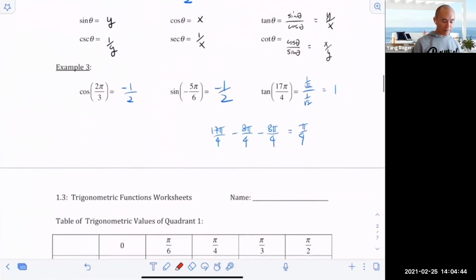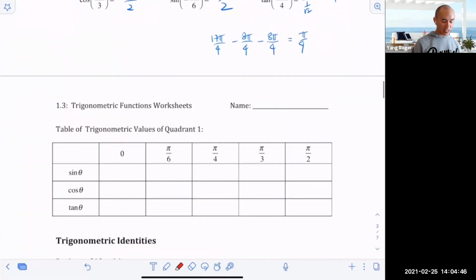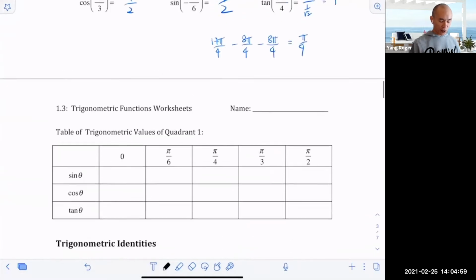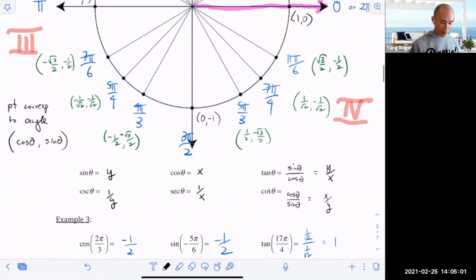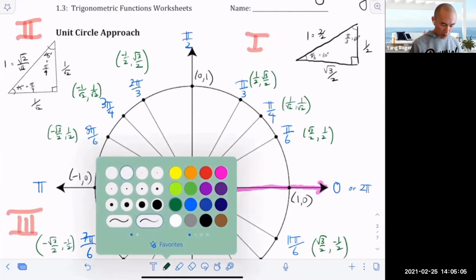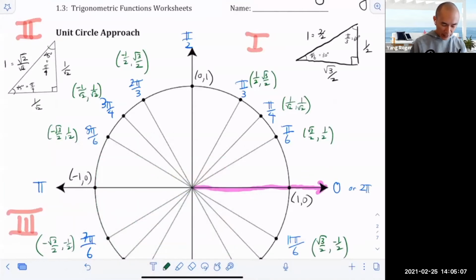And there's a really fast way that you can fill out this table so that you can get all the trig values. And it's pretty cool. So I just want to show you. The first thing I want you to notice is that when we're in this first quadrant, we can really write these so that all these points have a denominator of 2.